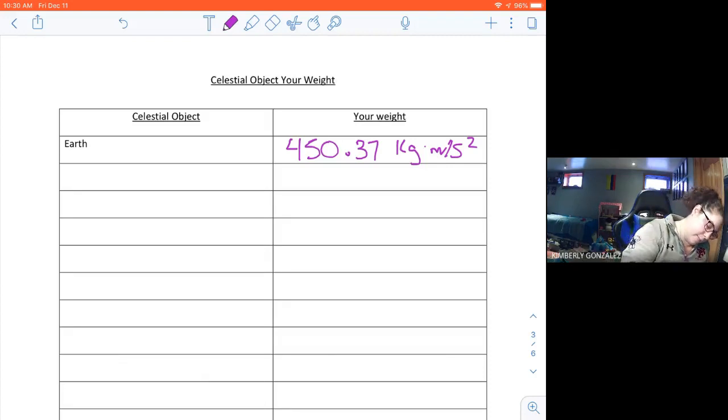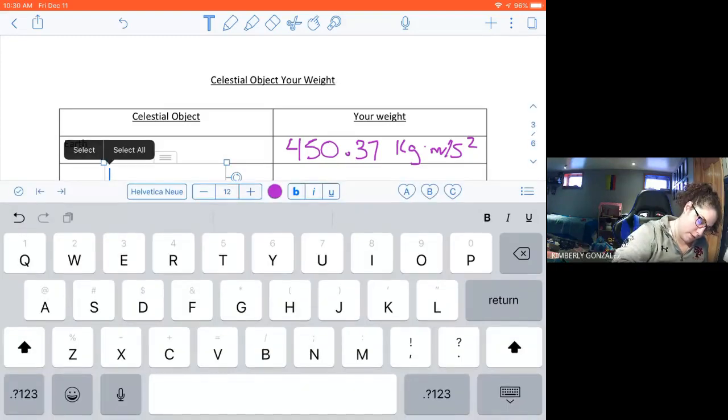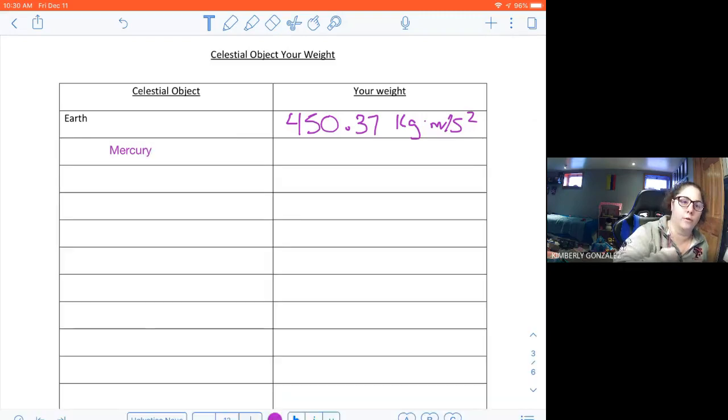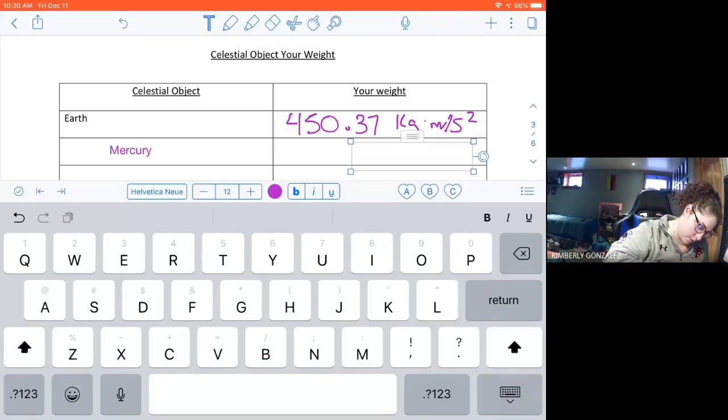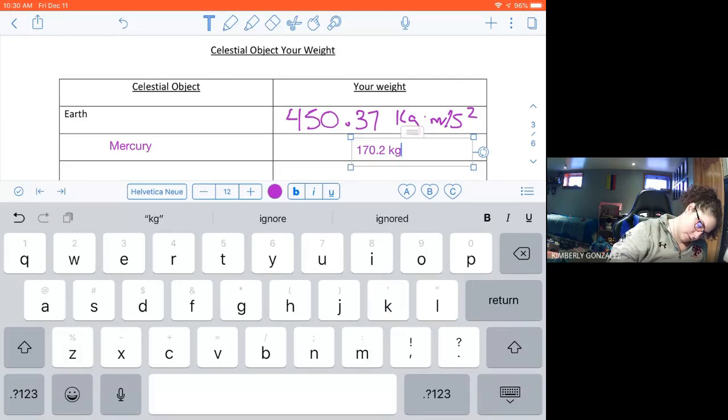So you're going to type in here, all right, you're going to type in Mercury, right? And then you're going to type in on this side, for me personally, it was 170.2 kilograms times meters per second squared.